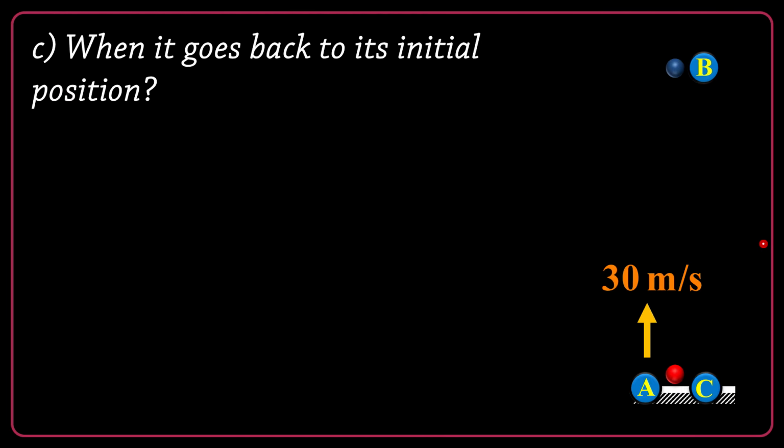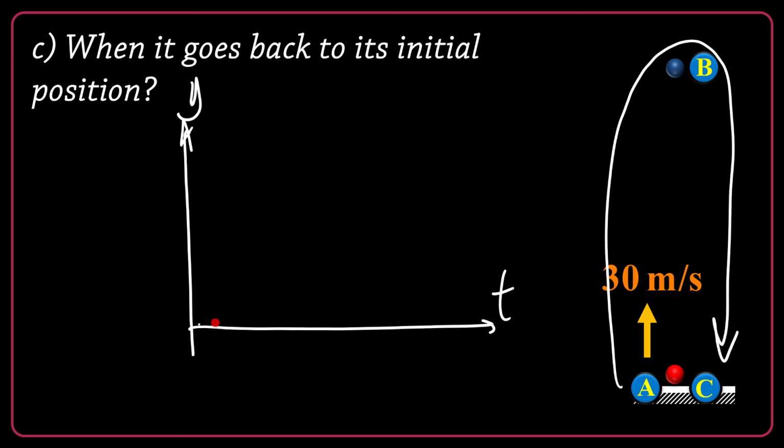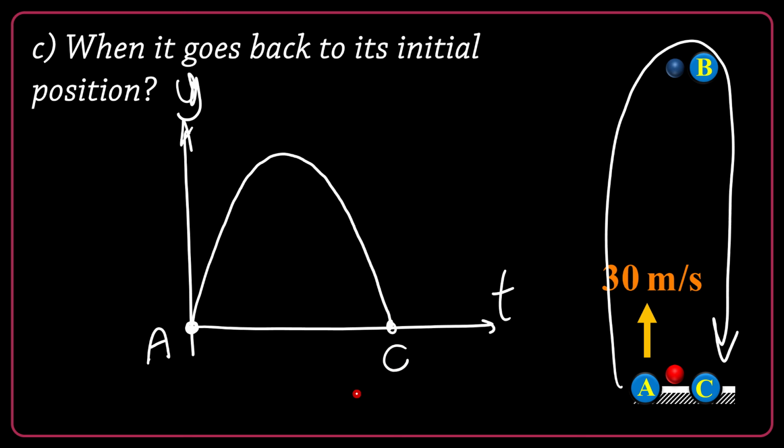Let's continue with part C. When it goes back to its initial position, it means the time from A to C. You know that according to the y-t graph, this motion has a symmetrical position-time graph. Symmetrical because the beginning point A and the final point C are at the same height.